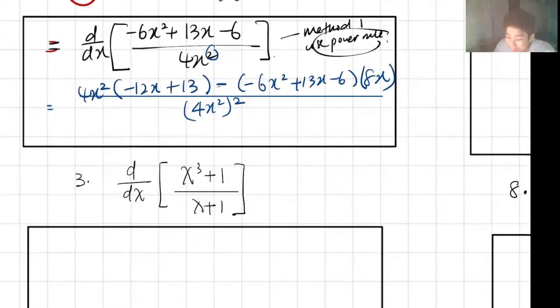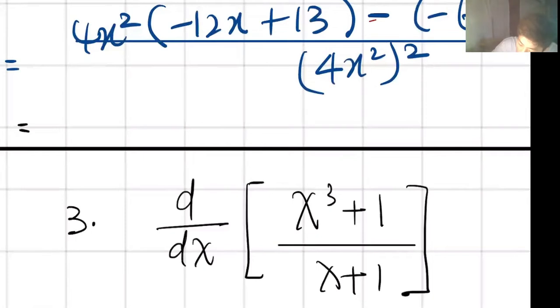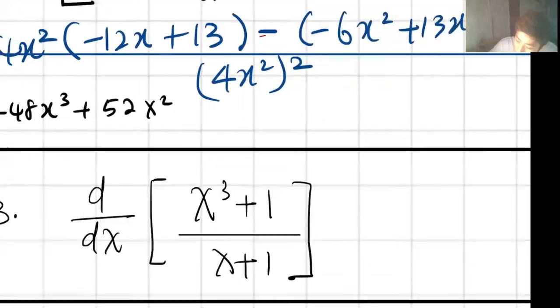Then you rearrange it. I just rearrange quickly. I multiply inside, and I'll get minus 48x cubed plus 52x squared.